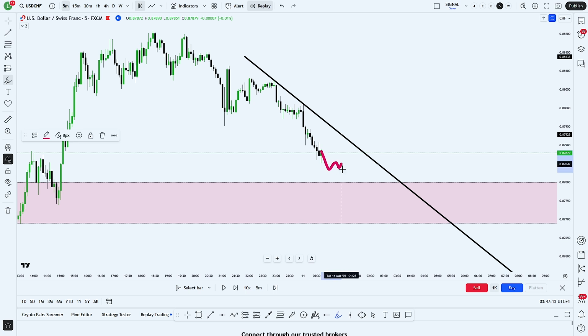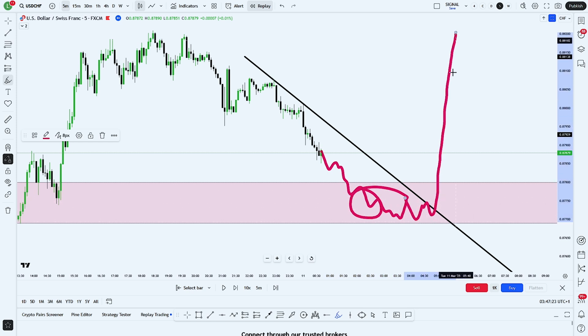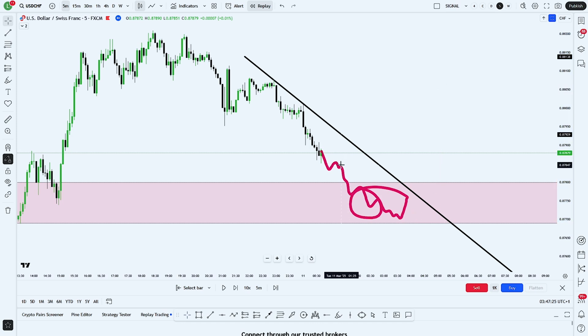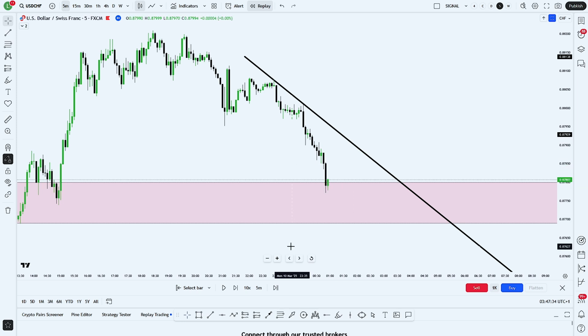In as much as the price action is still trading below this entry criteria here, we are not going to execute. We are going to wait for price action to break this trend line to the upper side so that we can take a possible buy opportunity. So let's play the candlestick. The price action right now is selling down to our point of interest with heavy momentum.